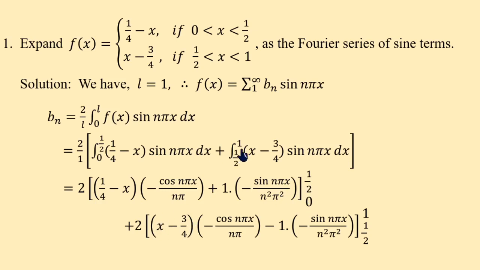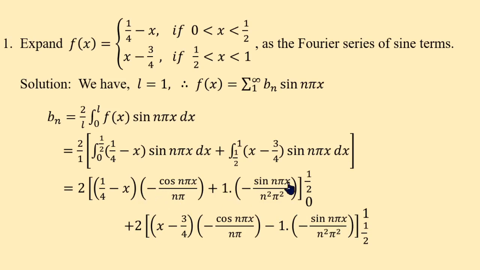And one more is here, this 2 by 1 is 2, that 2 is taken inside here, plus 2 into first function x minus 3 by 4, and then minus derivative of x minus 3 by 4 is 1. Integral of sin is minus cos n pi x by n pi. Again integrate, minus sin n pi x by n square pi square.